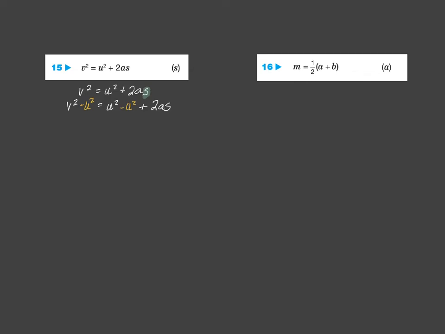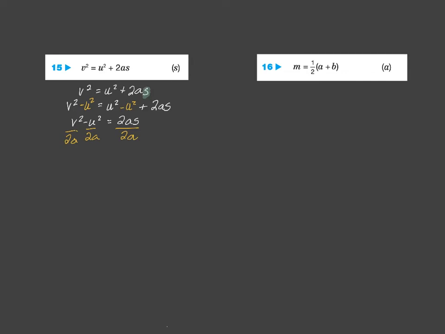On the left side, I have v squared minus u squared, and on the right, u squared minus u squared is 0, and so I have 2as. To isolate s, we need to divide by 2a on both sides, and on the left side, we'll have to divide each term. Divide v squared by 2a and divide u squared by 2a, and the right-hand side you divide by 2a as well.